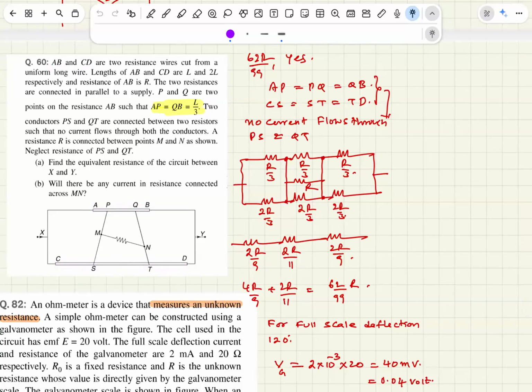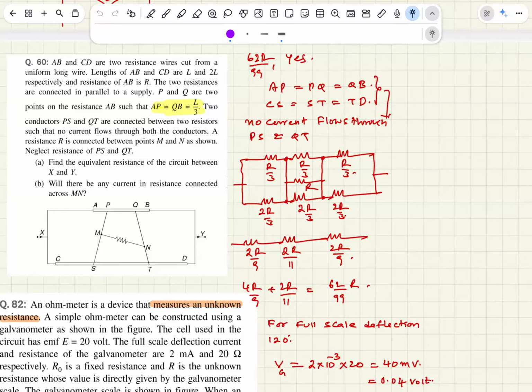The two resistors are connected in parallel to a supply at P and Q. P and Q are two points on the resistance AB such that AP equals QB equals L by 3. Two conductors PS and QT are connected between the two resistors. No current flows through both the conductors.